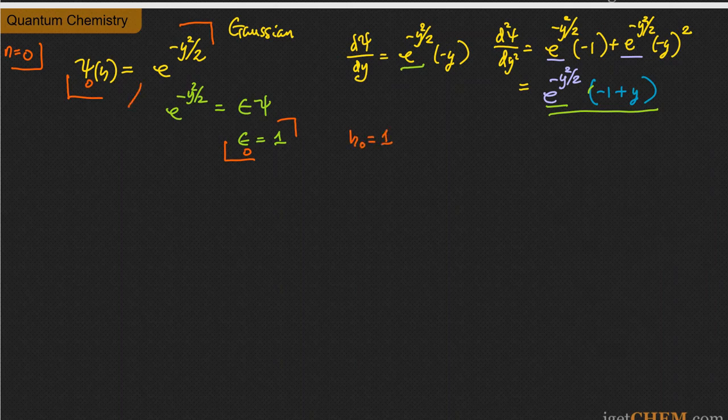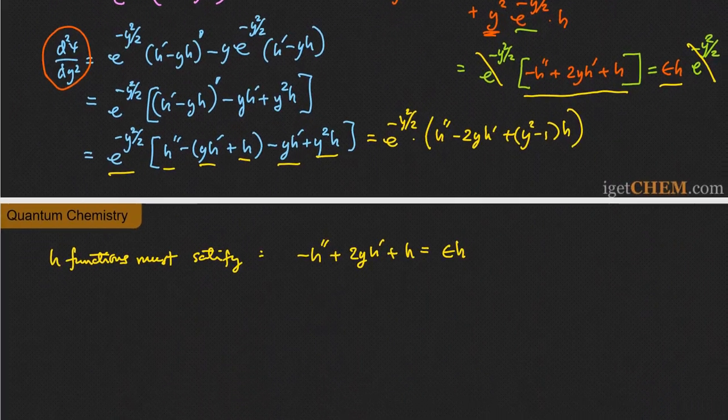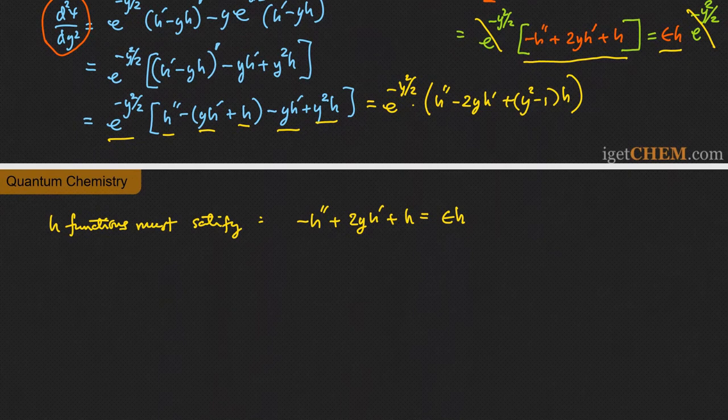Let's see that H0 equals 1 is actually a solution of this new equation in H. When H is equal to 1, the derivative of H is 0 and the double derivative is 0.